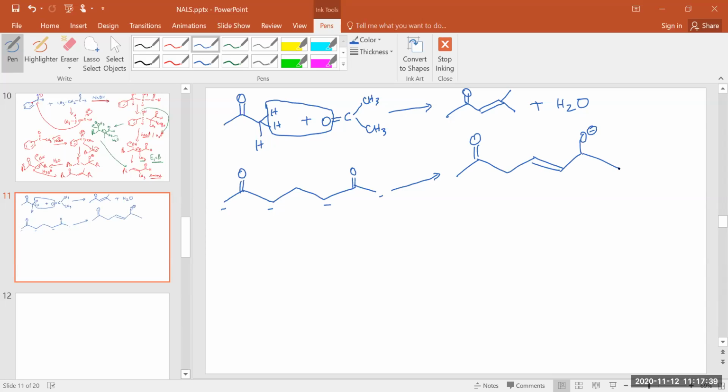One enolate will be on this side, and another enolate could be from this side.